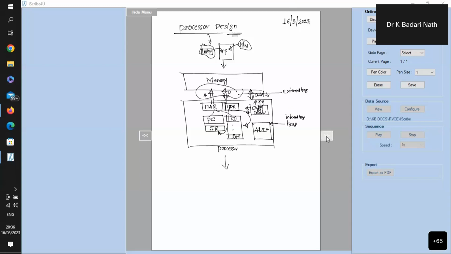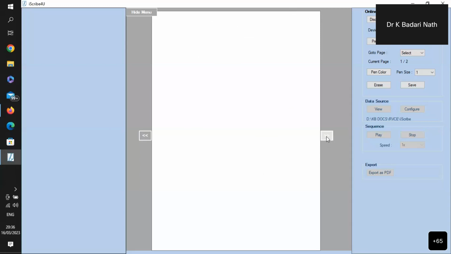Yeah. So now we will go into a little more detail about the processor. I have given just an overview of how the processor and memory interface works. Since we are designing the processor now, I am going to write the different blocks of the processor and their interconnections. I have chosen a basic organization, which we call a single bus organization.